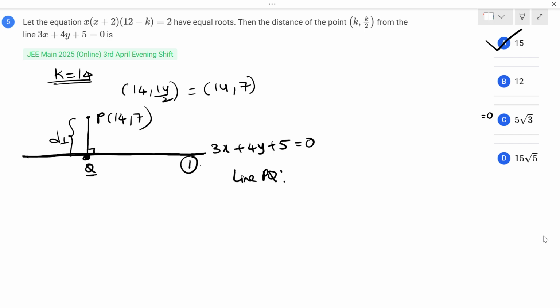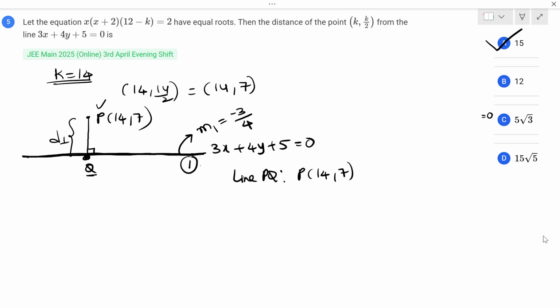To find any line, I need a point and a slope. The point P I have already, that is 14 comma 7. How can I find the slope of PQ? The given line's slope m1 is equal to minus x coefficient 3 by y coefficient 4.